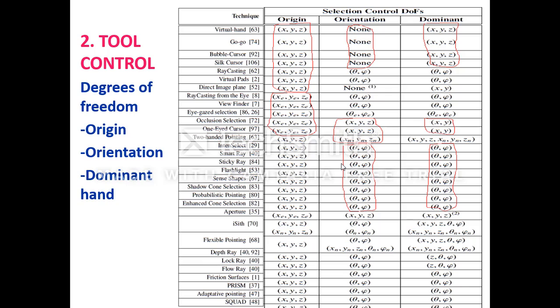The more degrees of freedom you have, the higher the expressiveness, but it will be more difficult to control. In this case, we have the degrees of freedom coming from the origin of the ray, either its orientation or position, as you can see, either a theta phi angle or an xyz coordinate.